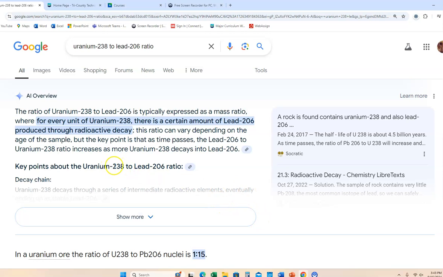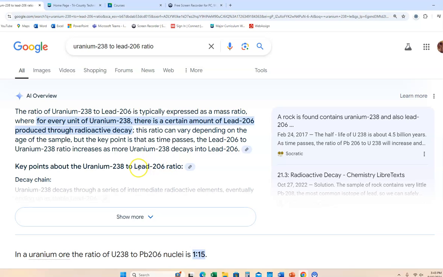That's the amount of time for the uranium 238 to go through one half life, right? So you start with a certain number of atoms of uranium 238. You wait one half life, you're going to have half uranium 238 and half lead 206.